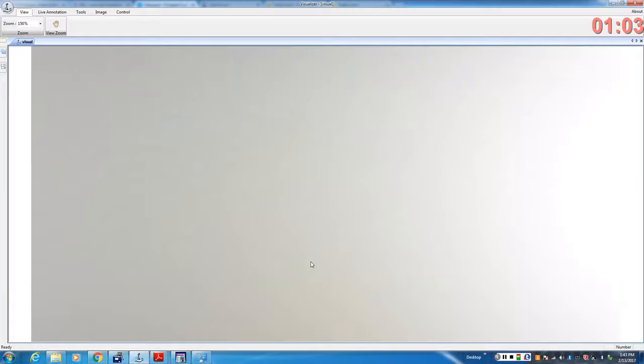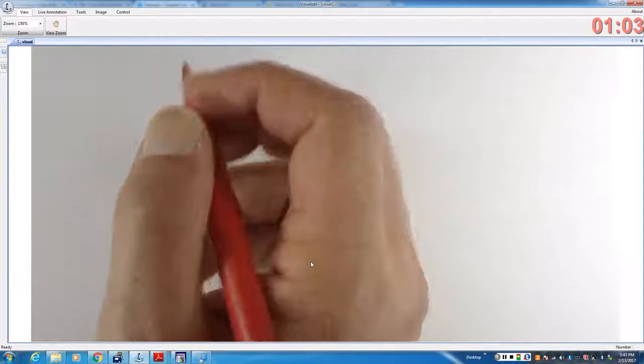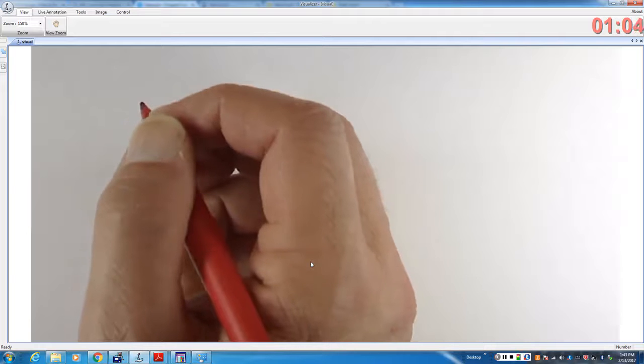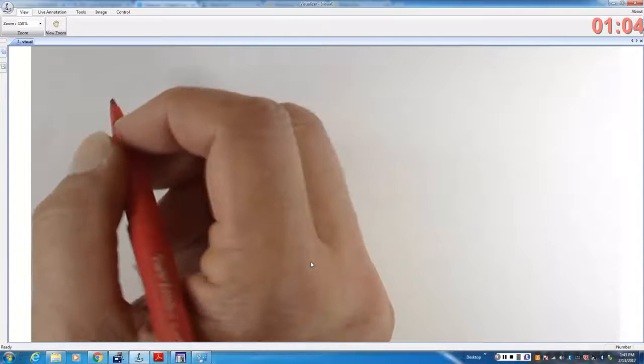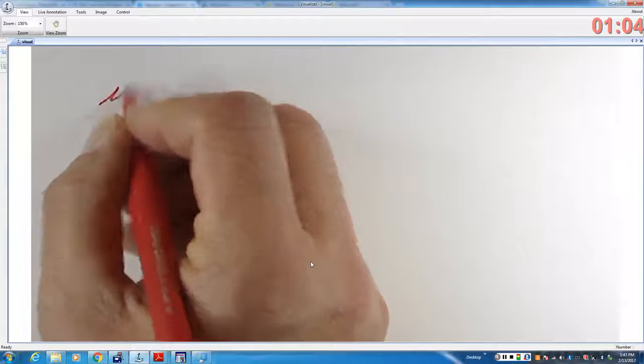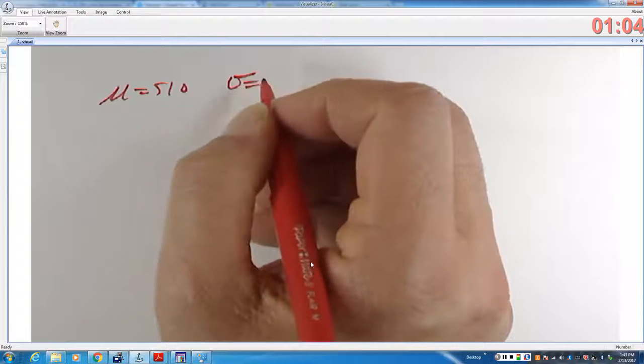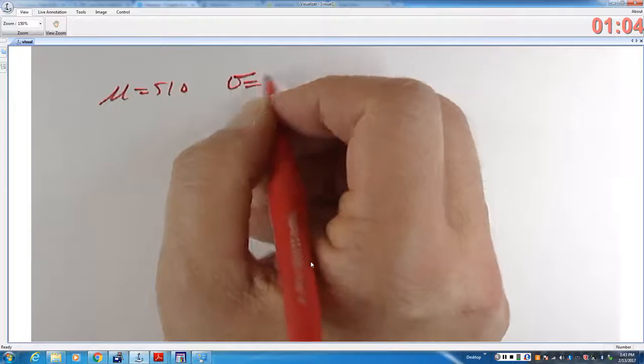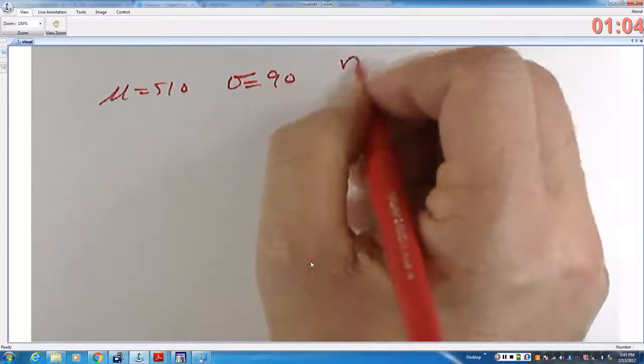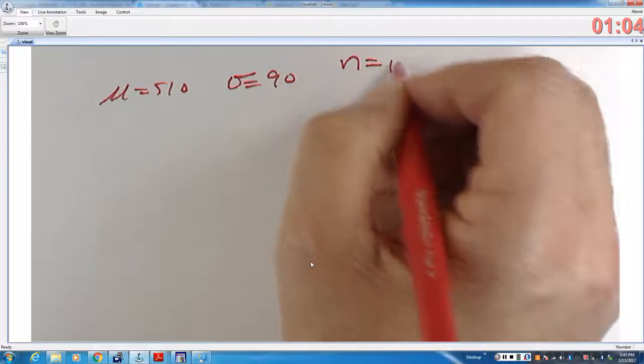That's a typo somewhere. So our mean was 510, our standard deviation was, what did we say? 90. And our sample size was 100.